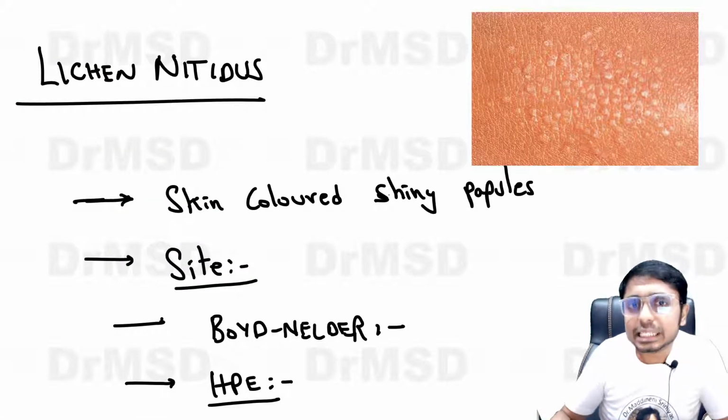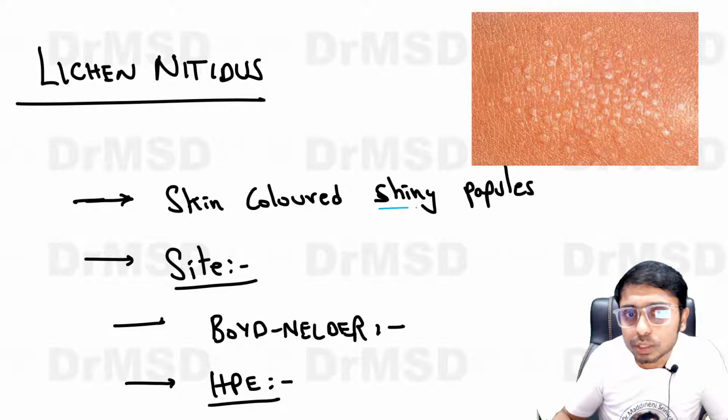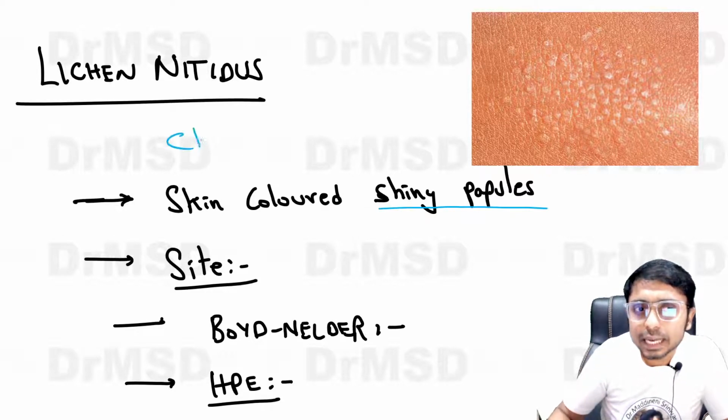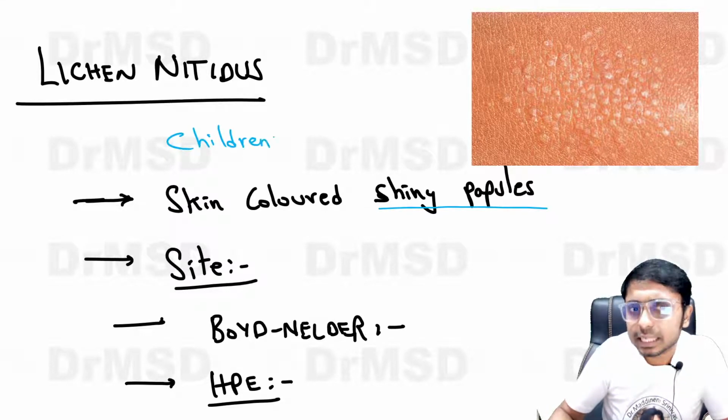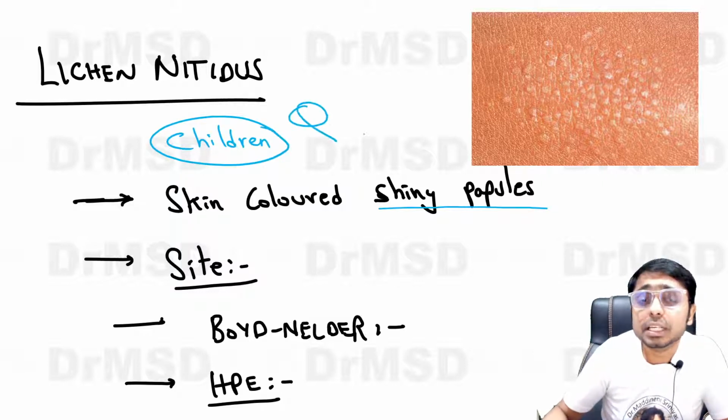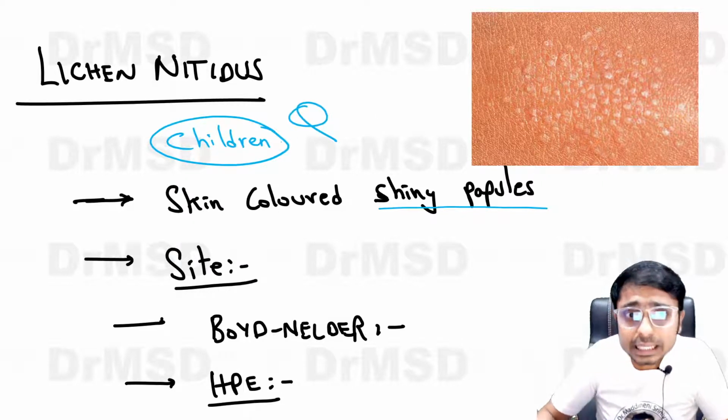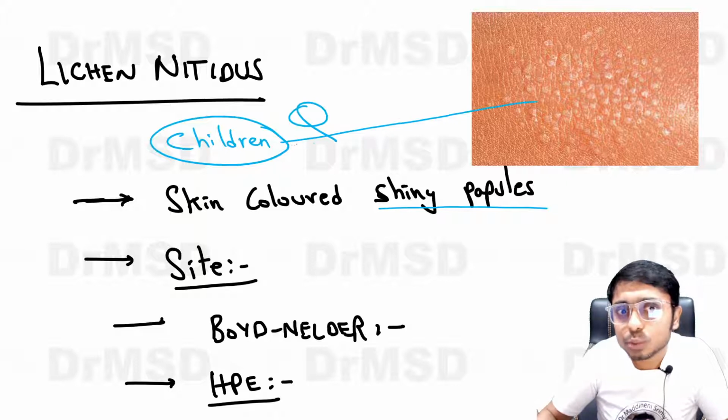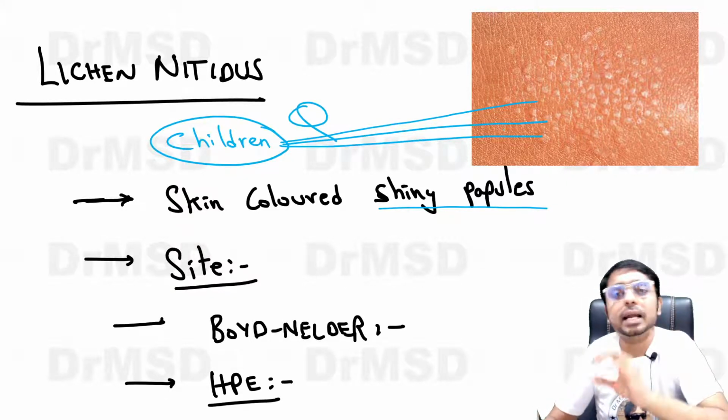In lichen nitidus, we can see skin-colored shiny papules, and this is most likely seen in children. In the question, children will be mentioned as a very important clue, and you can see here there are so many shiny papules which are very closely arranged.